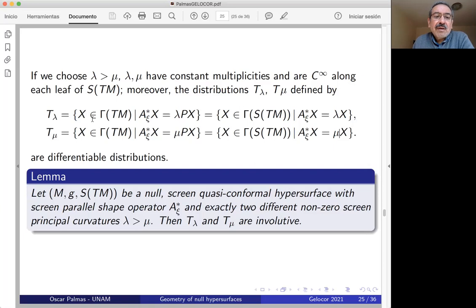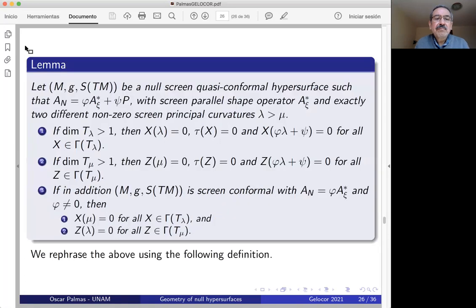And they have nice properties. They are, in fact, differentiable, and also they are involutive. So it means that we will have a structure theorem for these null hypersurfaces.